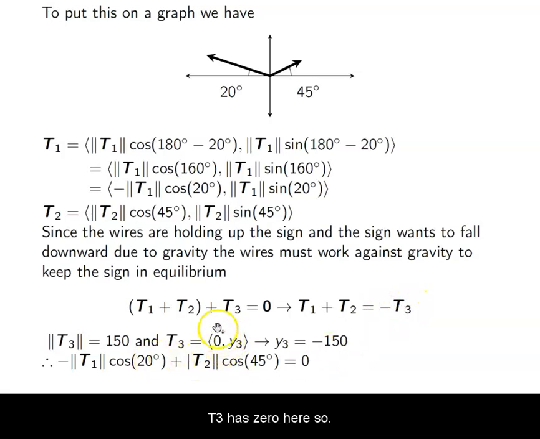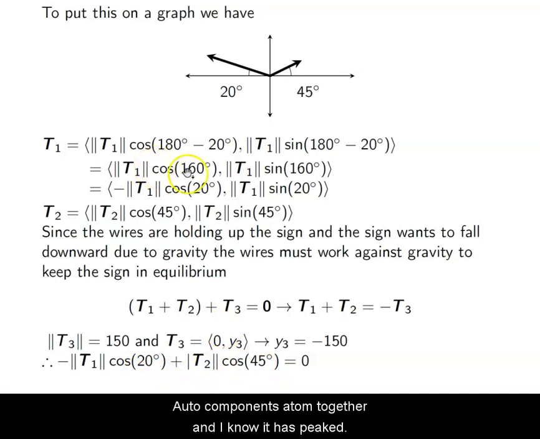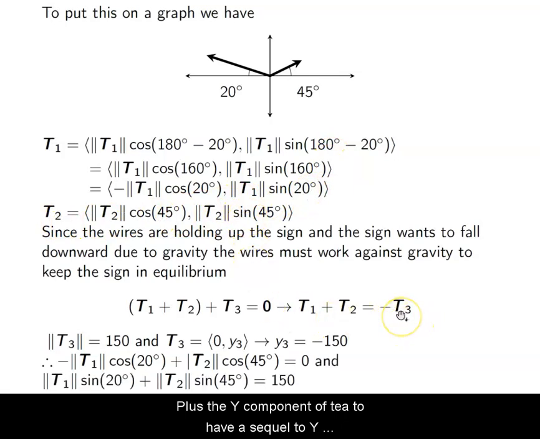T3 has 0 here, so this x value plus this x value has to equal this x value, right? So I take the two horizontal components, add them together, and I know what it has to be. I can do the same thing for the y components. The y component of T1 plus the y component of T2 has to equal the y component of T3, right? So I get sine of 20 plus sine of 45 equals negative 150.